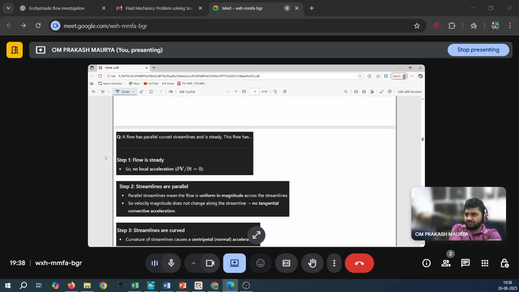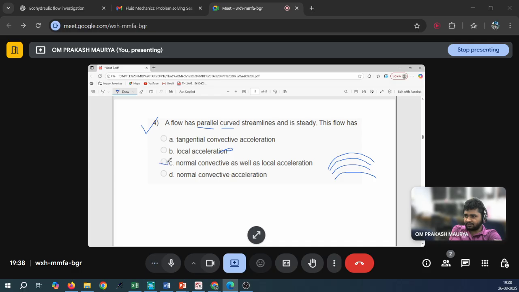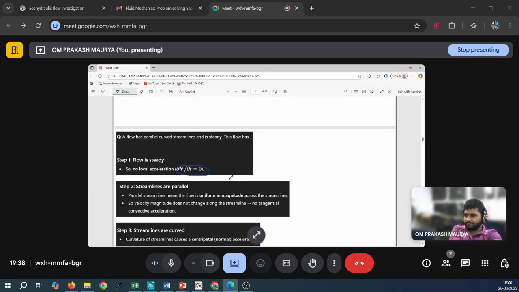The question states that the flow is steady, so definitely your local acceleration will be 0. Option B and C will not be correct anyhow, because these both have local acceleration. So between option A and B, which one?